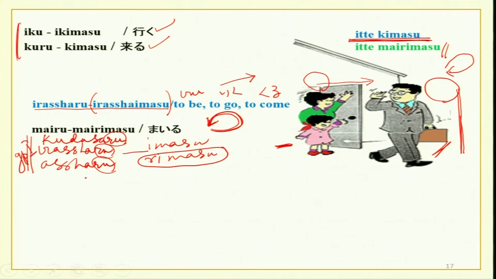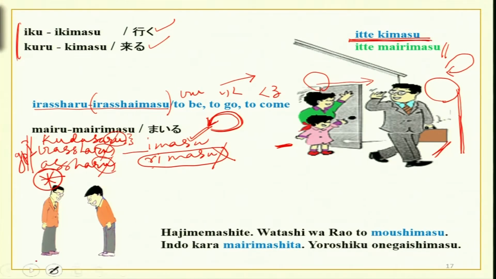They are all group 1, all ending in ru. We just need to remove the u from here and put rimas, kudasari mas, but this is incorrect. The correct one is kudasai mas. We remove all the ru's from here and put imas, as these are all irregular special verbs. Please remember this. This is just for information, not something that you really need to worry about.